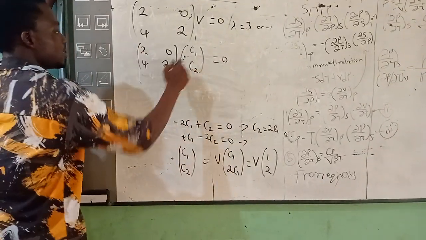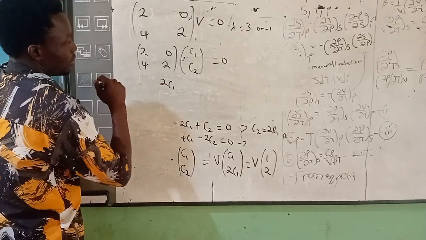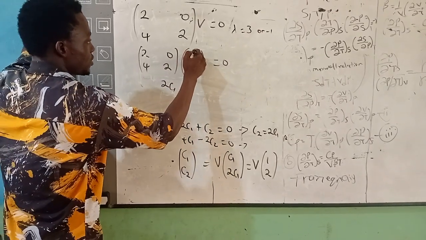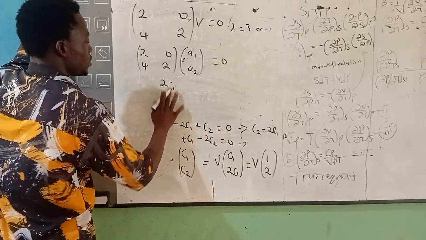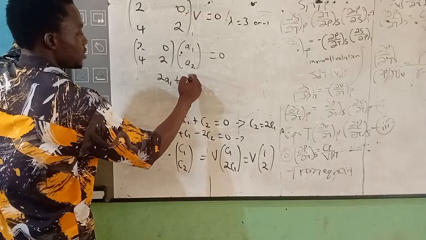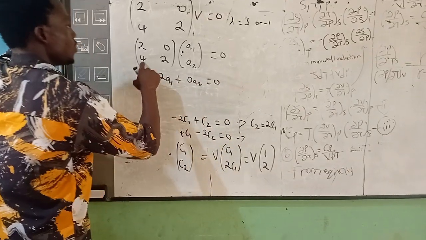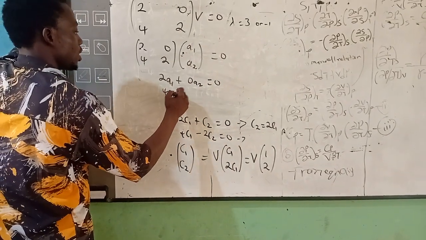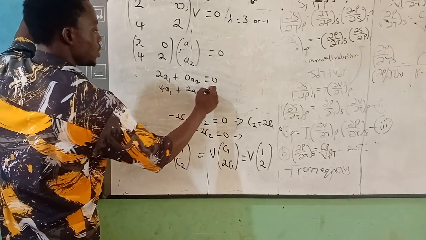So we have 2 times C1, or we should use another alphabet instead of C. Let's use A. So this gives us 2A1 plus 0 times A2, which is 0A2, equals 0. And 4A1 plus 2A2 equals 0.